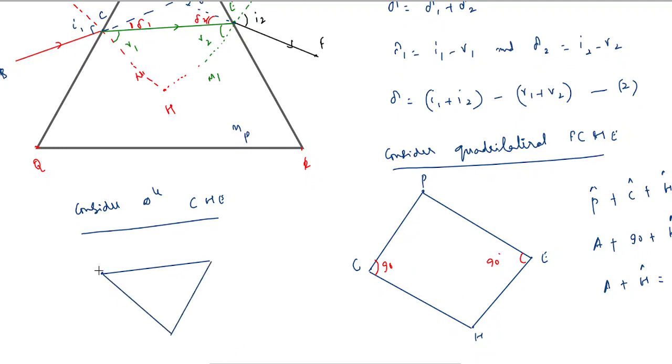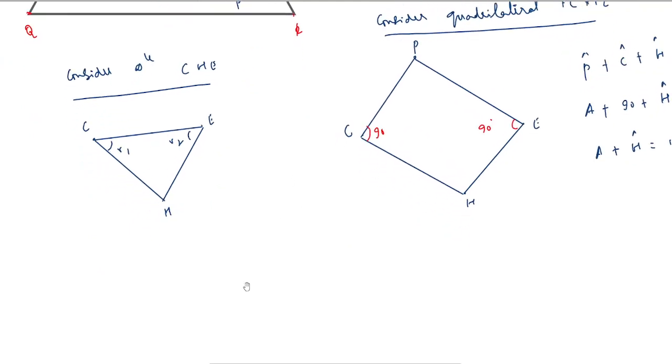So this is C, this is H, this is E. The angle made here is R1, this is R2. We know in case of a triangle that the sum of three angles is equal to 180 degrees. So R1 plus R2 plus the angle at H is equal to 180 degrees.